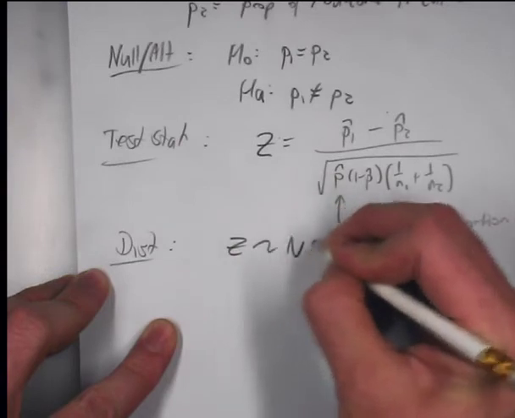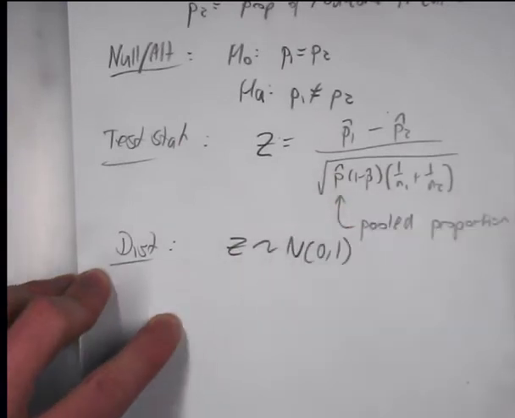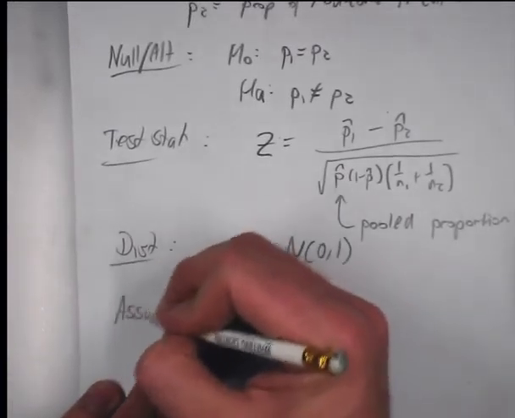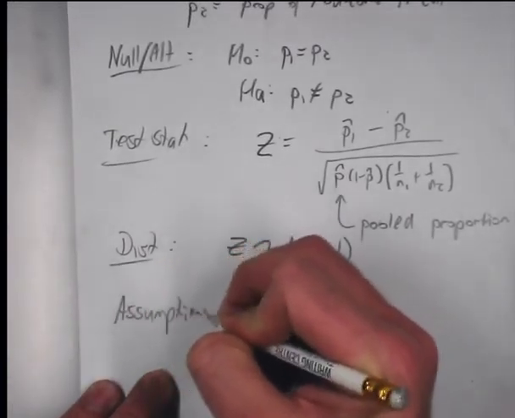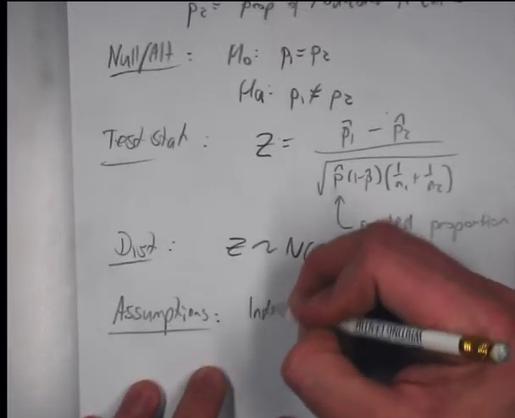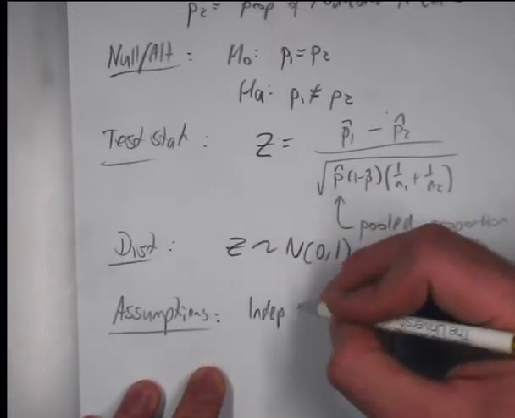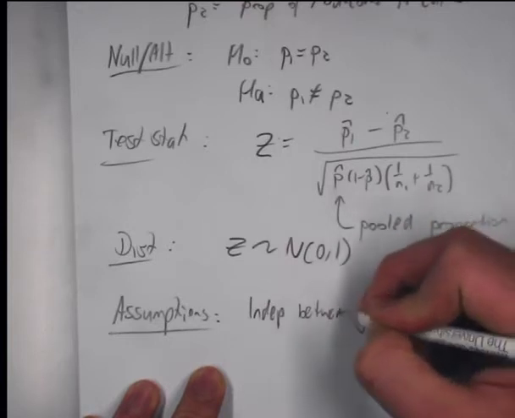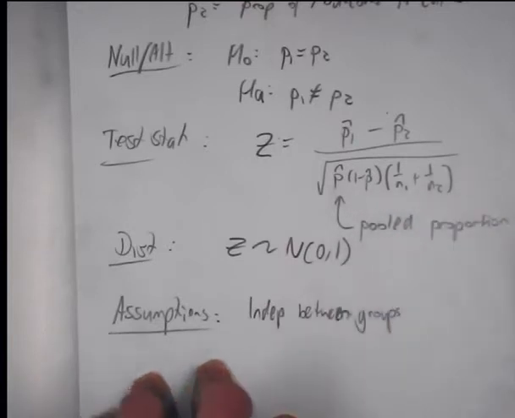Okay, and the distribution. Z is from a normal distribution with mean 0 and standard deviation 1, which has its own little diagram, and your assumptions. Well, it's usually something along the lines of independence. Independence between groups and within groups, usually.